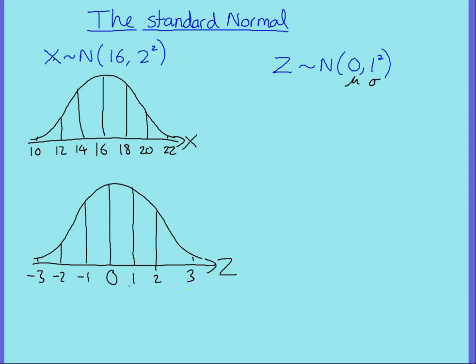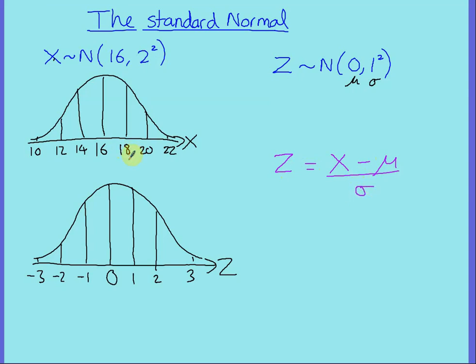So, for example, if we take 18, there is a formula to work out how many standard deviations it is above the mean. The Z value that would tell us that information is equal to the score, the observed value, minus the mean for this distribution up here, and divided by the standard deviation.